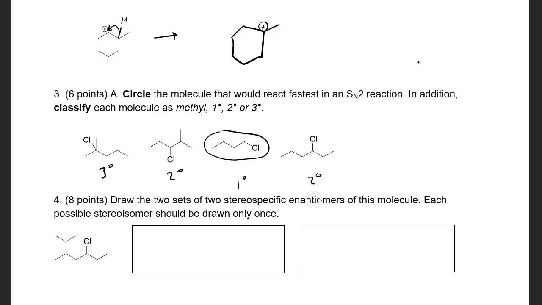All right, draw two sets of stereospecific isomers of this molecule. Each possible stereoisomer should only be drawn once. All right, so we need to draw two enantiomers of this. It looks like we have stereocenters on that carbon there and that carbon there. So the easiest one is to say that both groups are on a wedge.